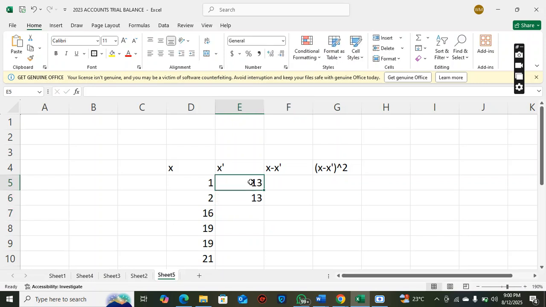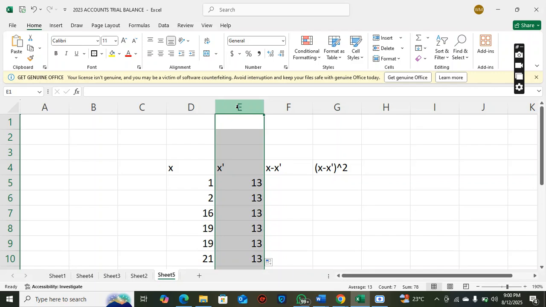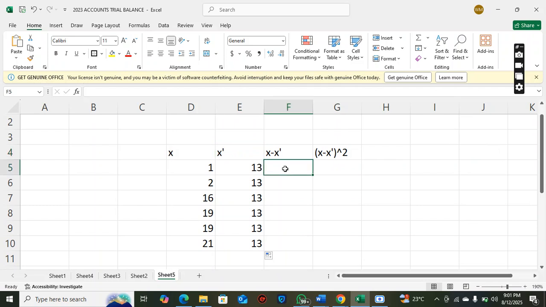Because I'm using Excel, that's why I'm putting 13. But in your workings, when you're solving in the exam, you don't need to put this column. The reason I've put it is for you to remember. Even in books, they rarely put a column for the mean. So this is just for illustration purposes.